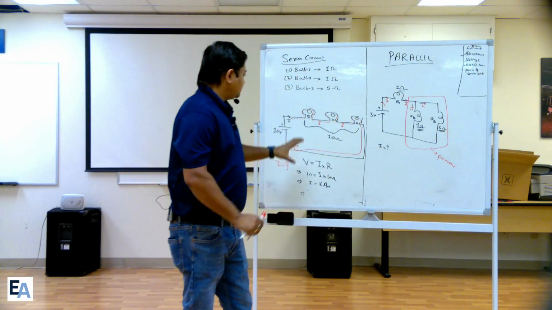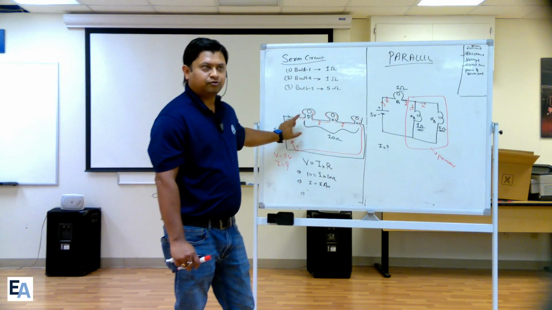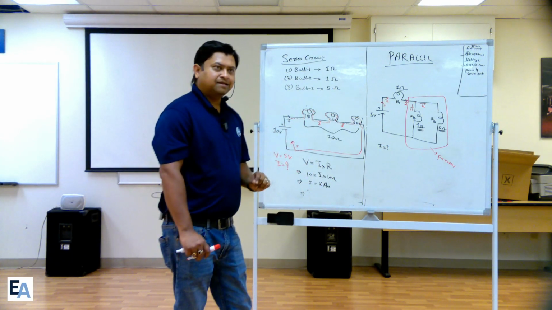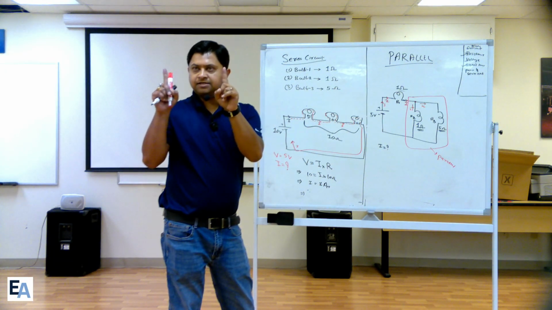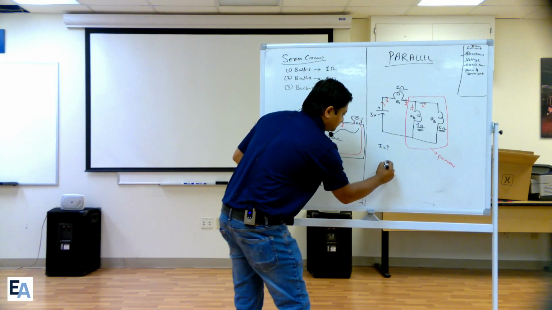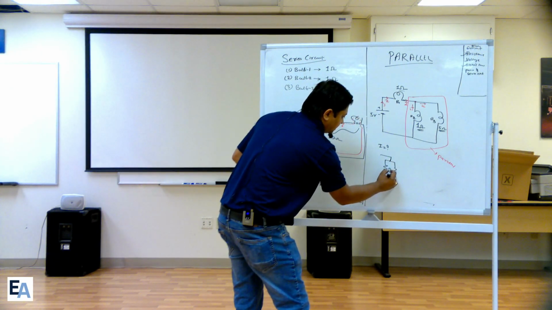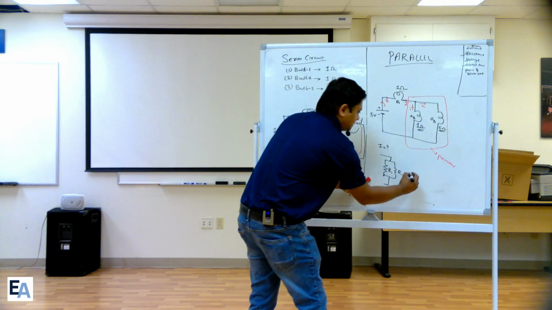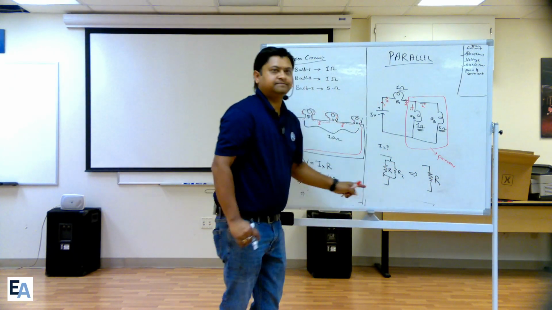Remember this is the simplest form. If you can break down your circuit to this, it will become simple to calculate. Whenever two resistances are parallel to each other, let's say this is R1, this is R2, I can represent this like this as well.